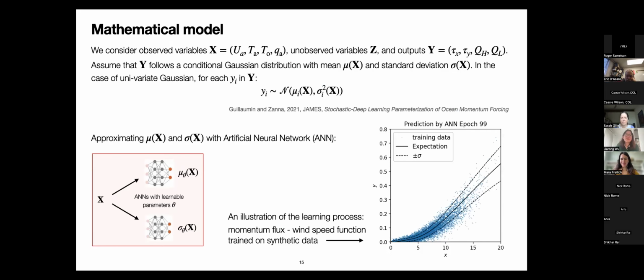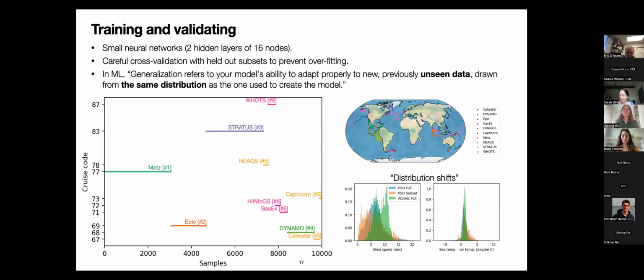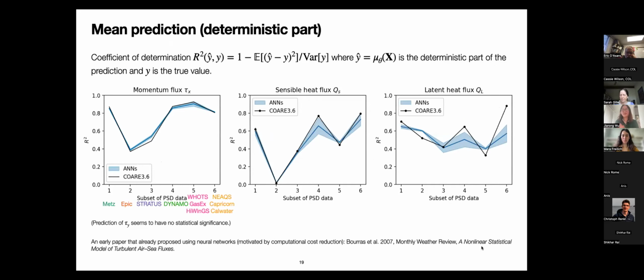I'll explain in words, but hopefully it makes sense. All these nodes have a weight and a bias. You multiply the input by a weight plus a bias, and then you add a nonlinear activation function to each node. Every time you pass through a node, you get basically a chain of nonlinear functions. That's why this older paper called themselves a nonlinear statistical model.